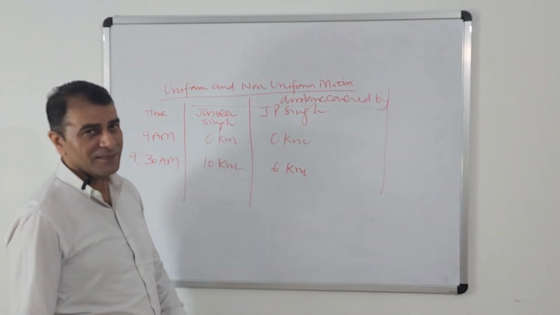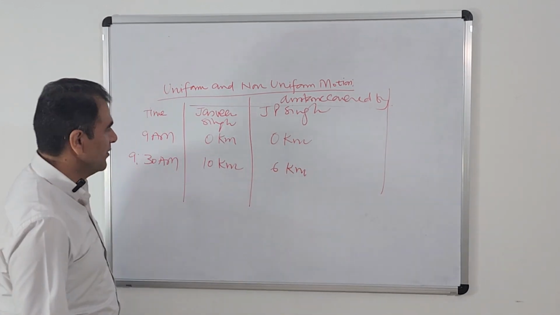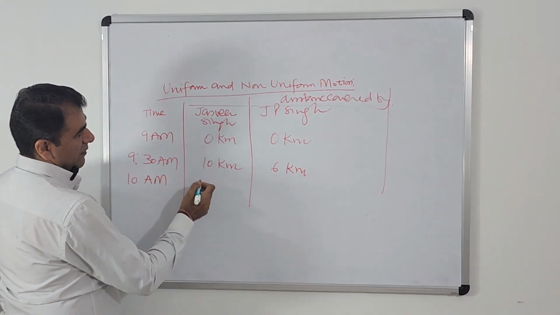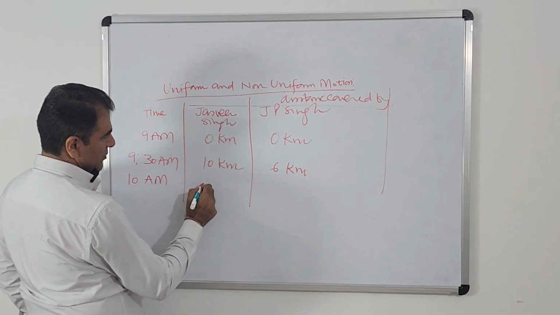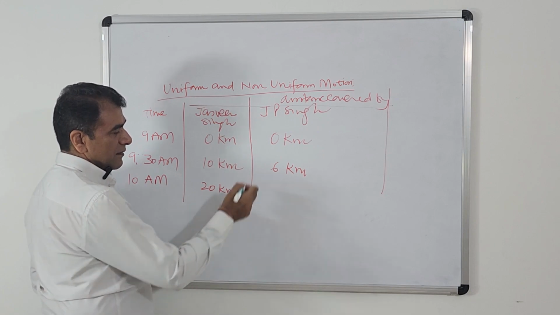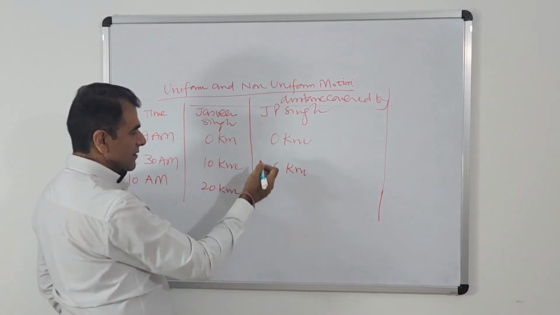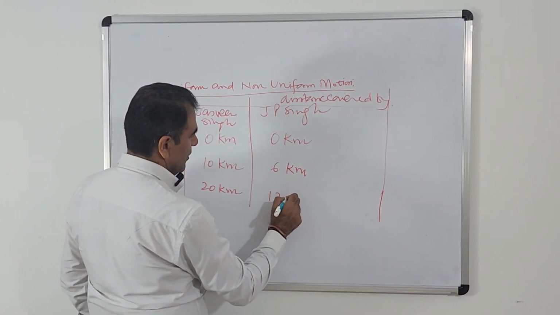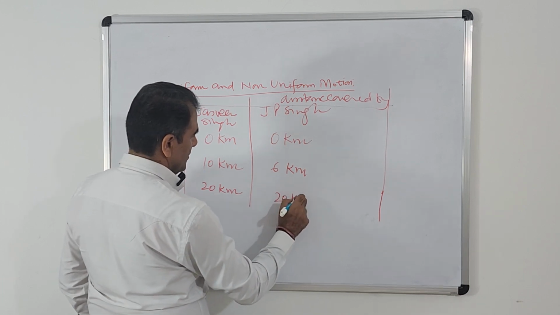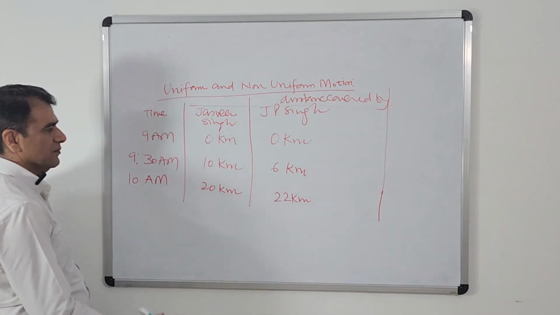When going along with Mr. Jasveer Singh, JP Singh stops somewhere. Okay. Now at 10 a.m. Jasveer Singh covers a distance of 20 kilometers, and the path length covered by JP Singh is say 20 kilometers, not 20, take something else, 22 kilometers.